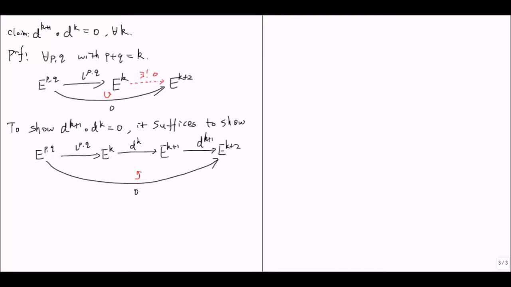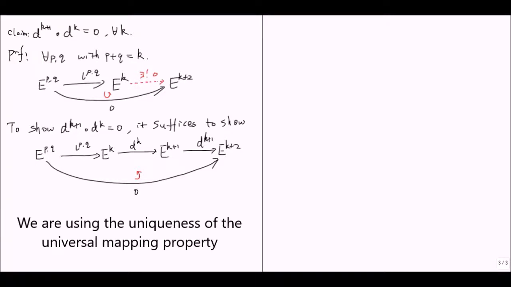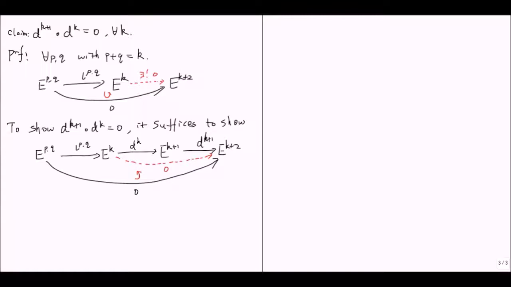Because once this is true, d^{k+1} composed with d^k will be the same as the 0 arrow from E^k to E^{k+2}. And we are done. So now let's show d^{k+1} composed with d^k composed with iota_{pq} equals 0 for any p, q such that p plus q equal to k.